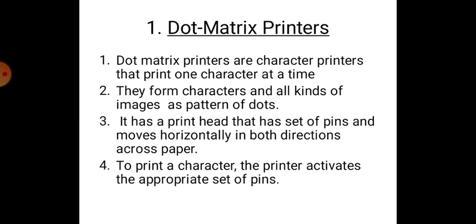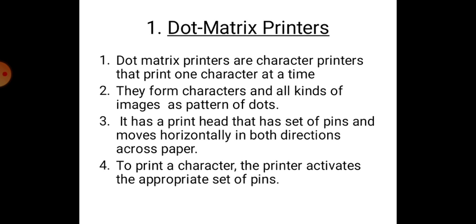Point number 3. It has a print head that has a set of pins and moves horizontally in both directions across the paper. Just like in a typewriter there is a head which hits the paper, here there is a print head that consists of a matrix of pins, and this print head moves horizontally in both directions, that is left to right and right to left.